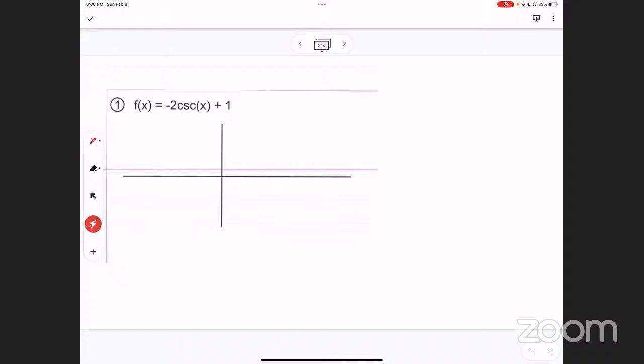You sure the amplitude's 1? Oh, I mean not amplitude. I meant the midline. Yeah, the midline. Okay, let's call this the midline right here. Okay, so I'm going to draw in a new x-axis right there.